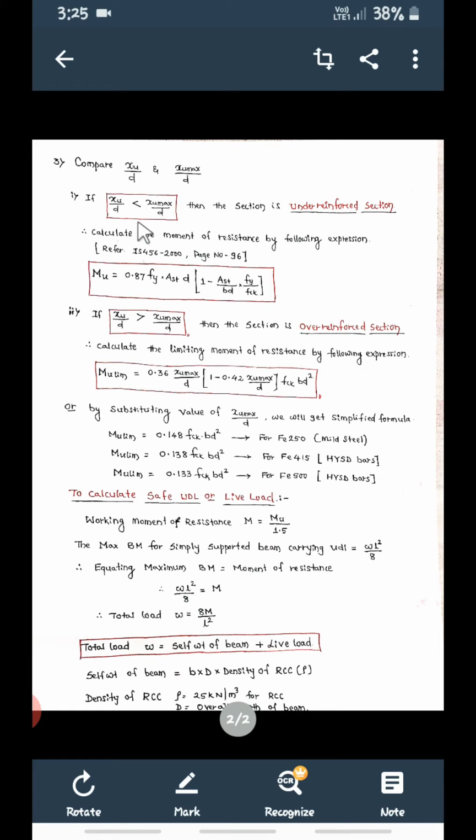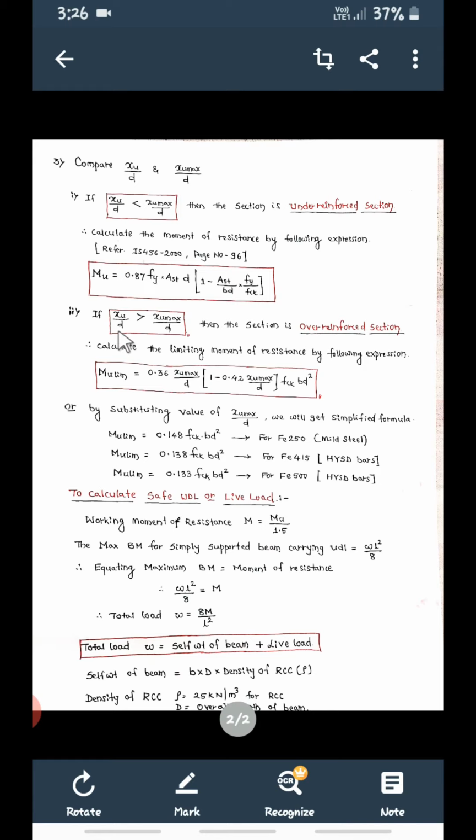Second, if this is not correct, then check if Xu by D is greater than Xu max upon D. If Xu by D is greater than Xu max upon D, then the section is an over reinforced section. If this value is greater than the limiting depth of neutral axis, the section is over reinforced, then we are not going to use this formula.